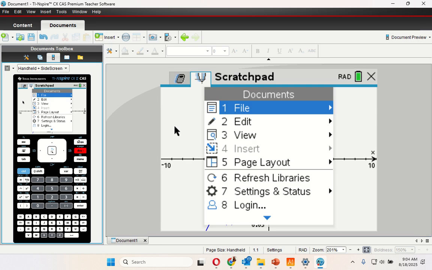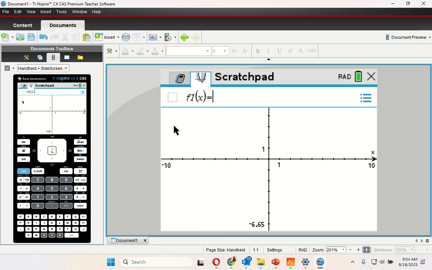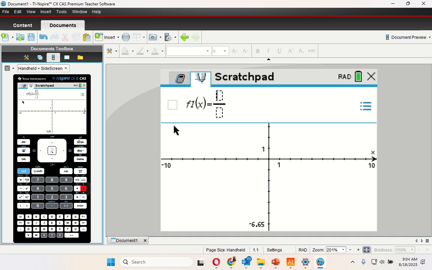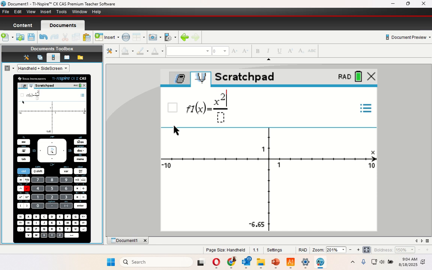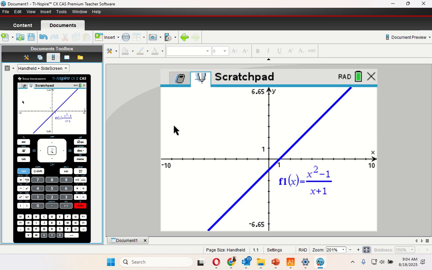Doc B, I cleared it. Go back here. Now, here's a cool trick. I know you're paying attention, you don't have your phone out underneath the desk. Control, divide. It was x squared minus 1 over x plus 1? Like that? Does that look like a straight line?